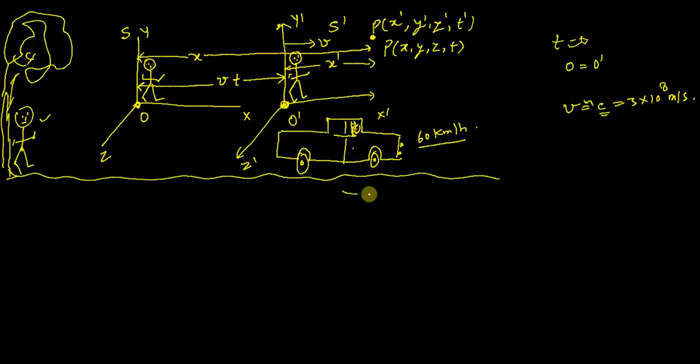If your train is moving in this direction, you observe that plants or trees are moving in the opposite direction with the same speed as your train. So v is in the positive direction, plants are moving in the opposite direction, the velocity is the same, that is minus v, right? So this is the point.